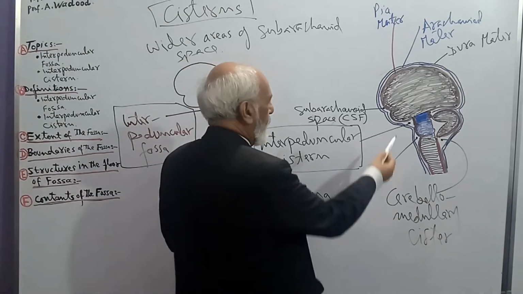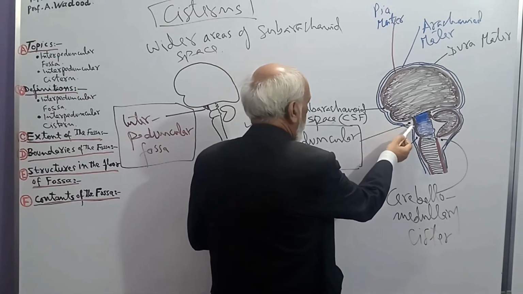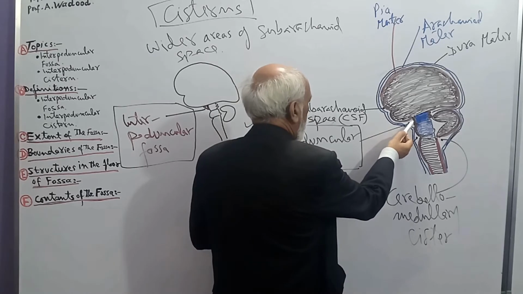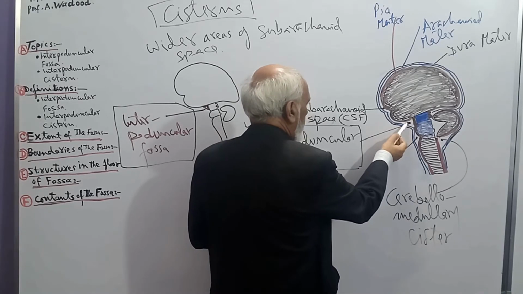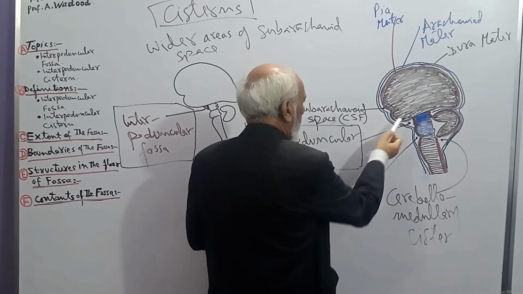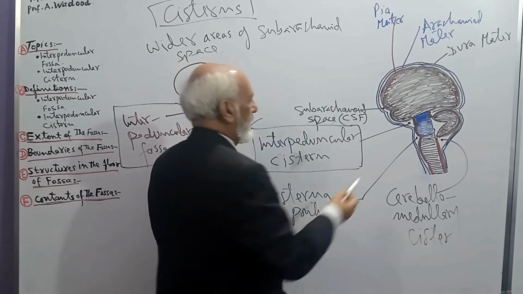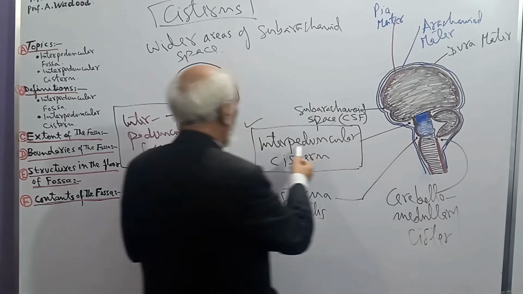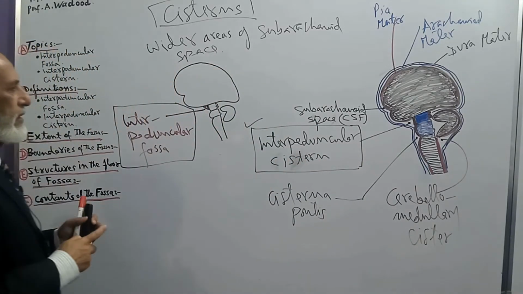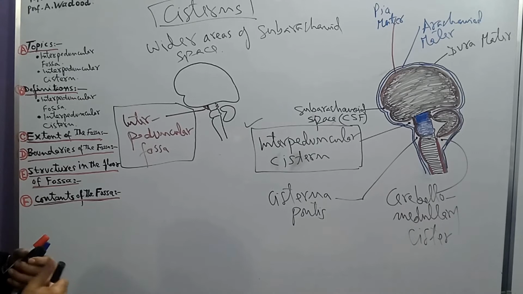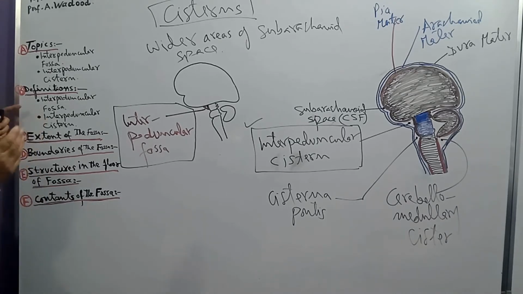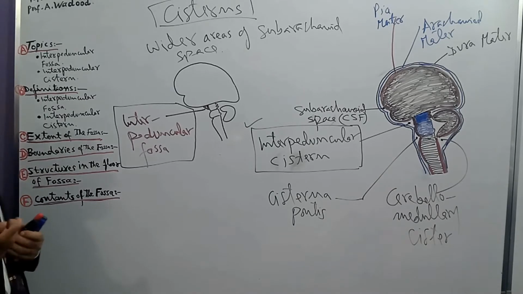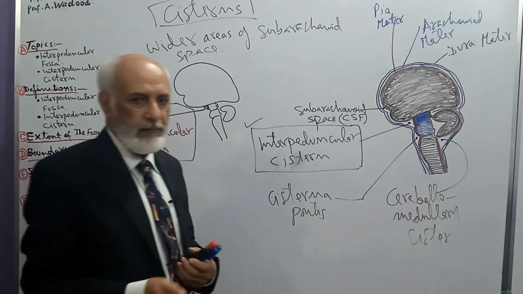And this wider part of the subarachnoid space in front of the midbrain and below the inferior surface of the cerebrum, filled with the CSF, is known as interpeduncular cistern. Now, these are definitions. What is interpeduncular fossa and what is interpeduncular cistern? Now we will discuss the interpeduncular fossa.